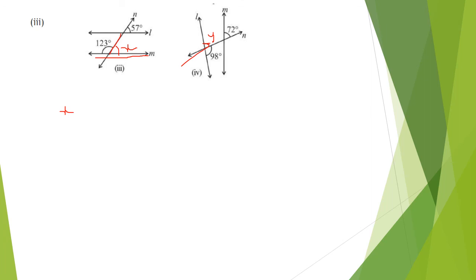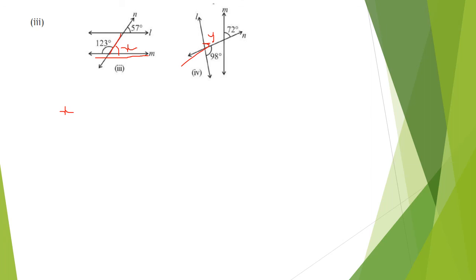So look at this. This is one straight line, and on the straight line there are two non-common arms and one common arm. The angles formed on both sides, 123 degrees and x, form a linear pair, right?